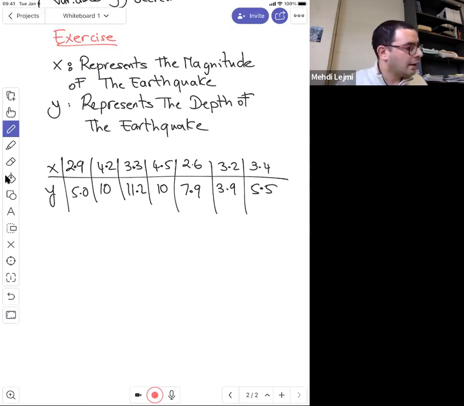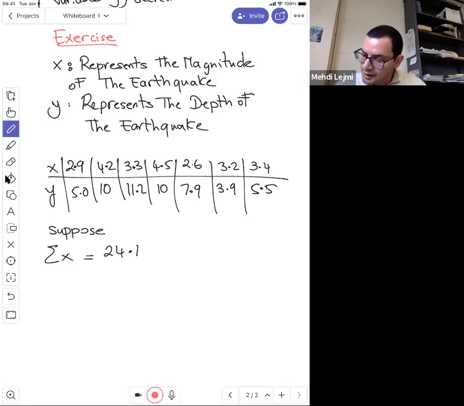All right, suppose that the sum of the x's, you don't have to check these numbers, okay? So we're going to suppose that the sum of the x's is 24.1. Sum of the x squared is actually 85.75.